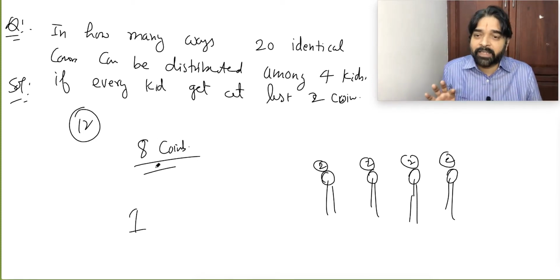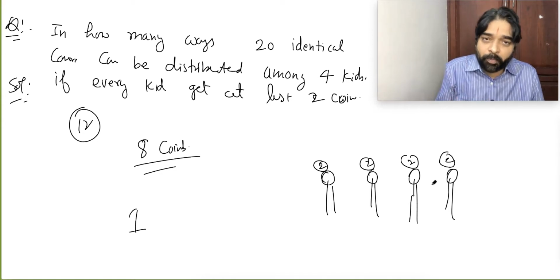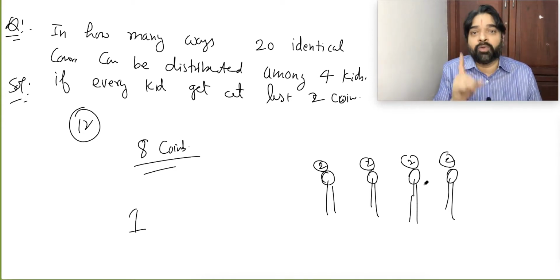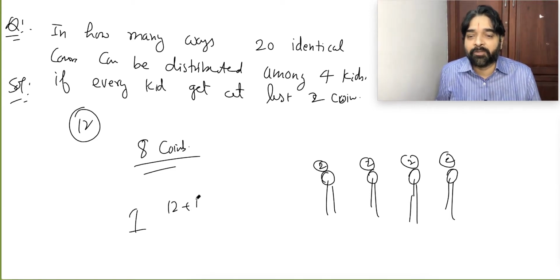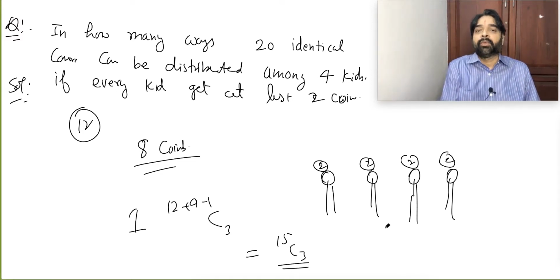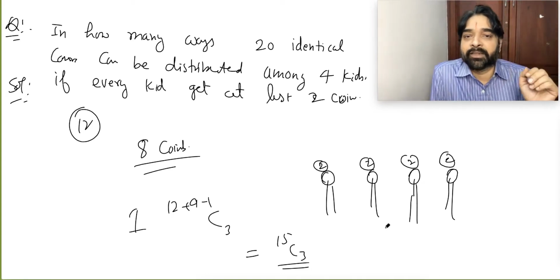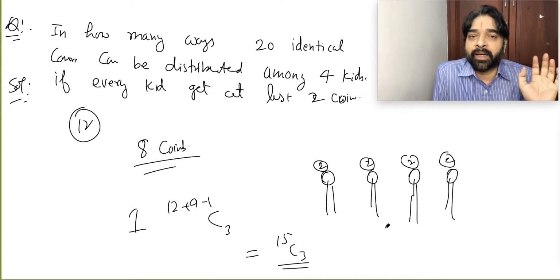So 12 coins, 4 groups, empty group now allowed. So 12 plus 4 minus 1 C 4 minus 1, C3. So the answer will finally be 15C3. Are you all understood? How many of you got this answer?